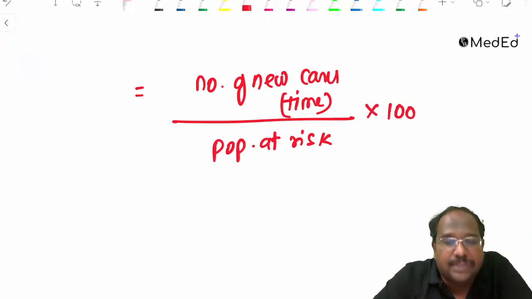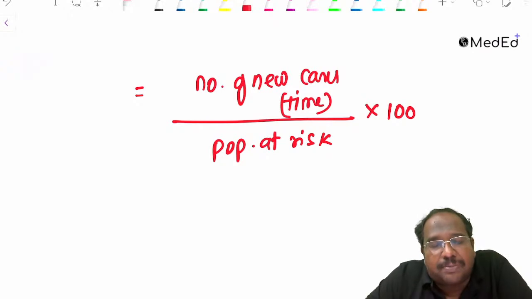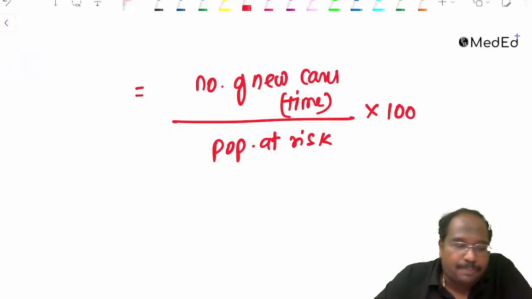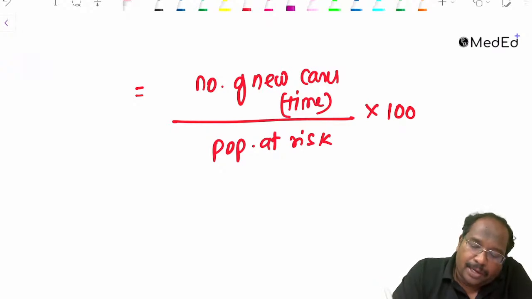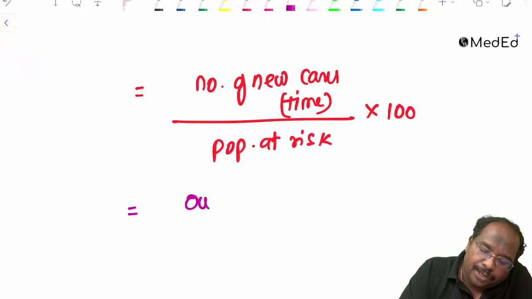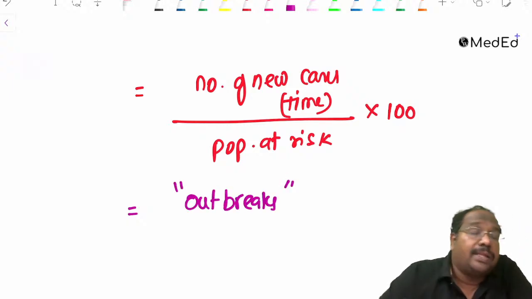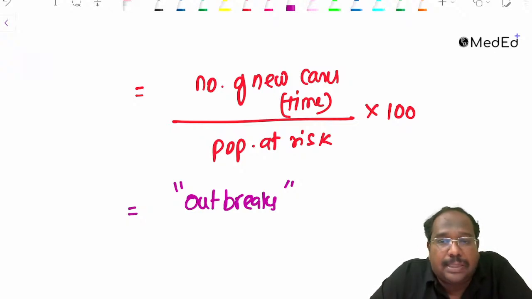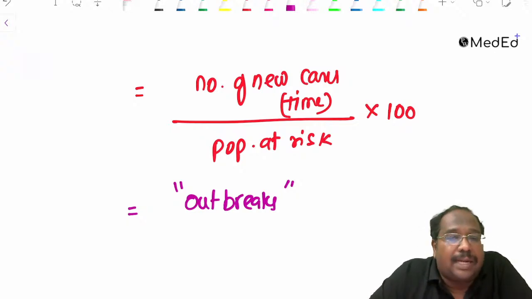Usually incidence we express in terms of 1000, but here we express in percentage. Attack rates are used during outbreaks or epidemics. Suppose in a village there is an outbreak of cholera, then we can use this attack rate.